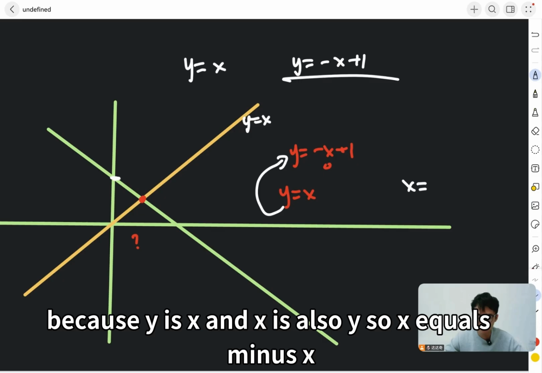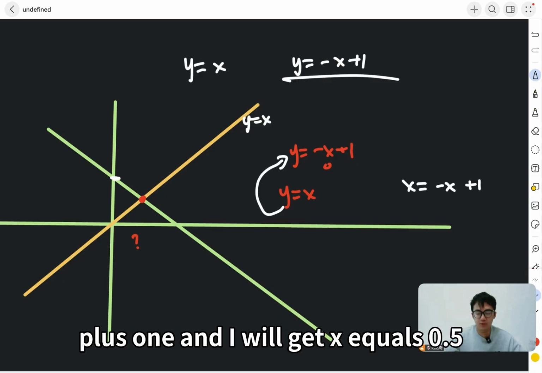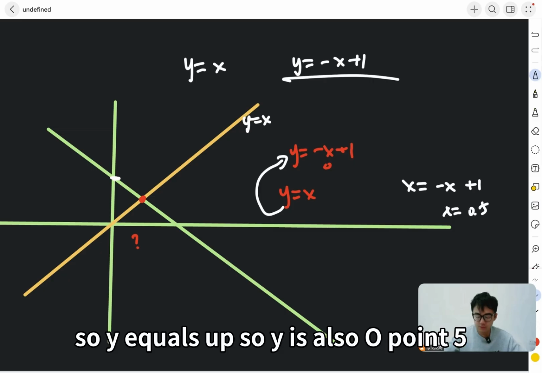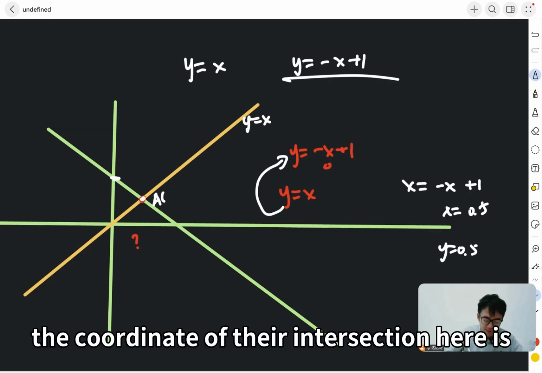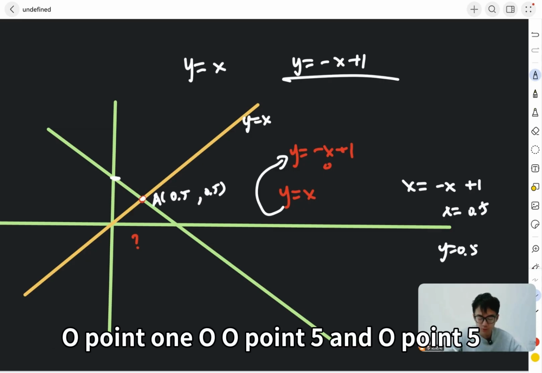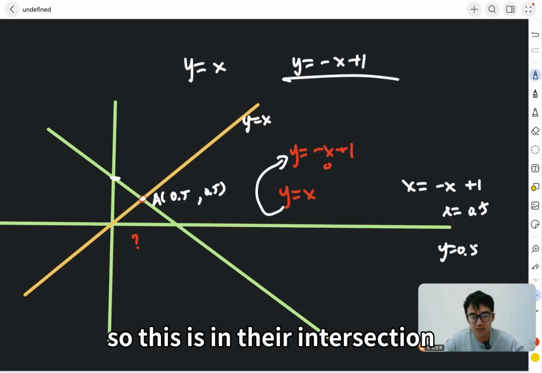So x equals minus x plus 1, and I will get x equals 0.5. So y equals x, so y is also 0.5. And successfully I get the coordinate of their intersection: 0.5, 0.5. So this is their intersection.